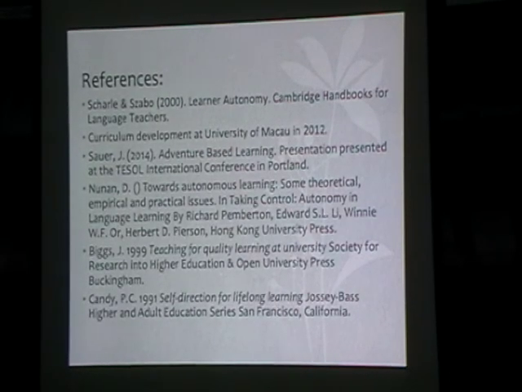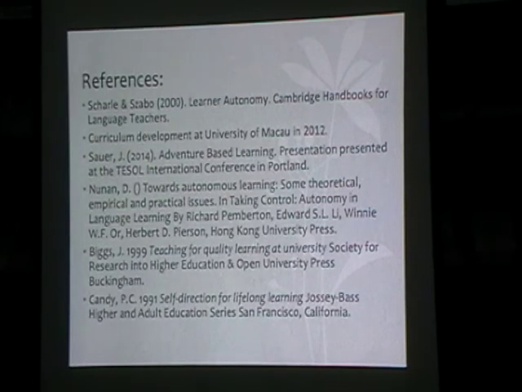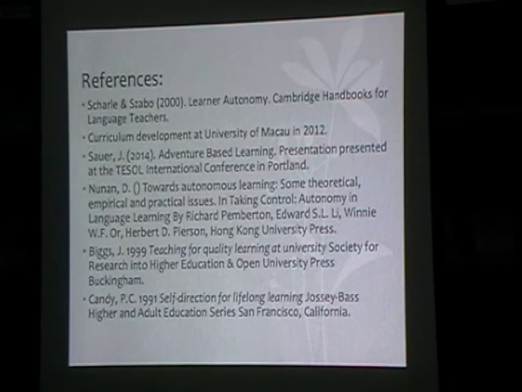I'd like to finish with some of the references. I'll just leave them up. So this is the information. We have Charlie and Saisbo from 2000. The handout, as well as some of the ideas that I mentioned when I was using independent learning, came from the curriculum development at the University of Macau in 2012, which is part of what I was involved in.